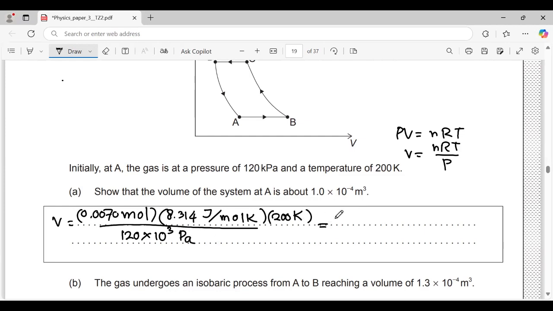I have calculated the result is 9.7 times 10 power minus 5 meter cube. Or we can round off to become 1.0 times 10 power minus 4 meter cube.